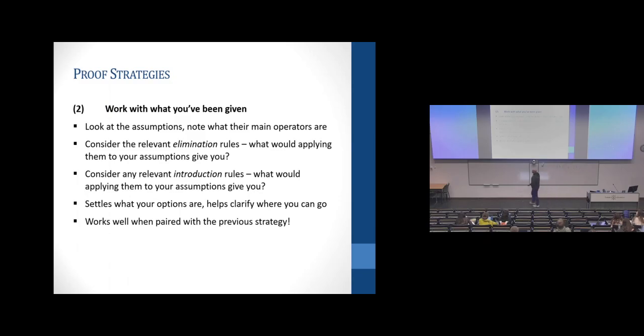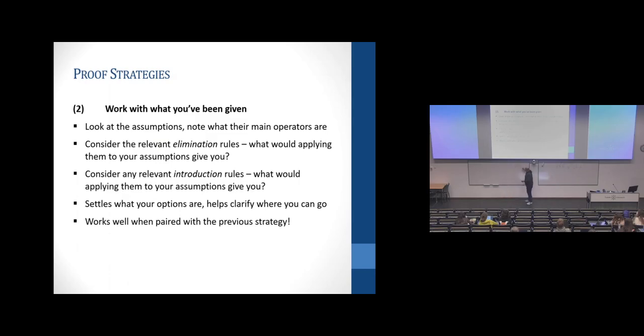Do you have a sentence that looks like this? If you see a sentence that looks like this in your assumptions, what rule does this immediately suggest? Does anybody have any ideas? De Morgan's, right? If you see something like this, think about, cool, what happens if I use De Morgan on it?